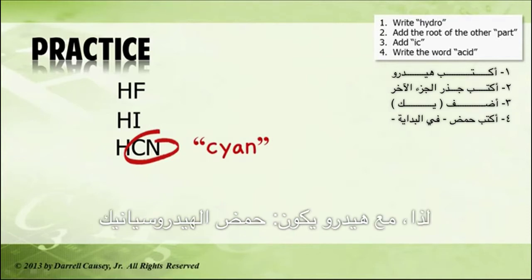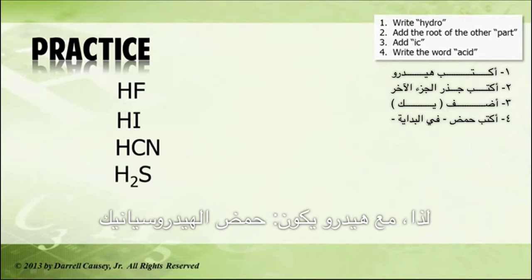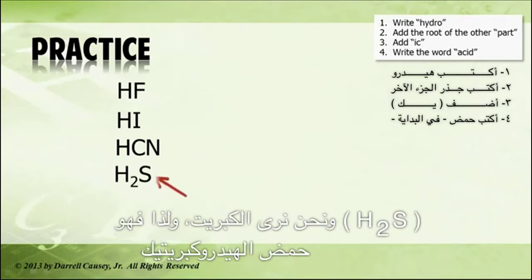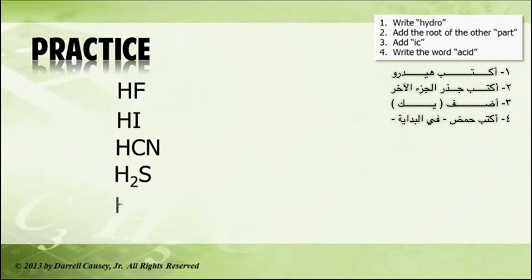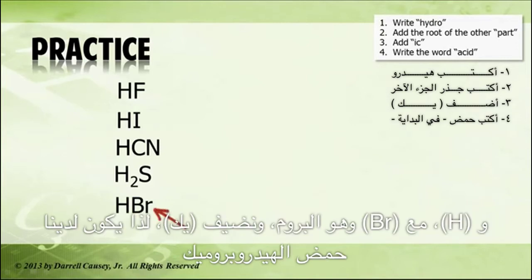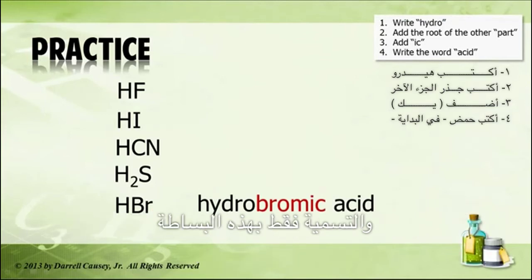And so hydrocyanic acid. Pretty cool. H2S. We see sulfur, and so that would be hydrosulfuric acid. H with the Br, that's brom, and add IC, and we have hydrobromic acid. It's really just that simple.